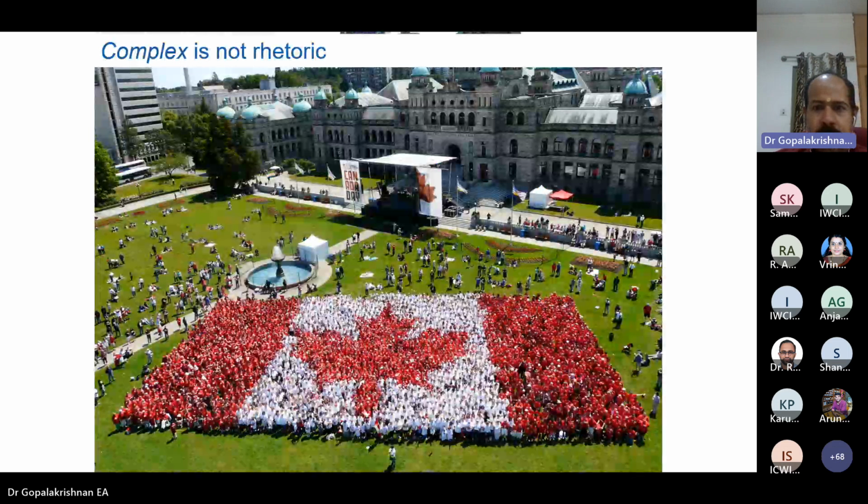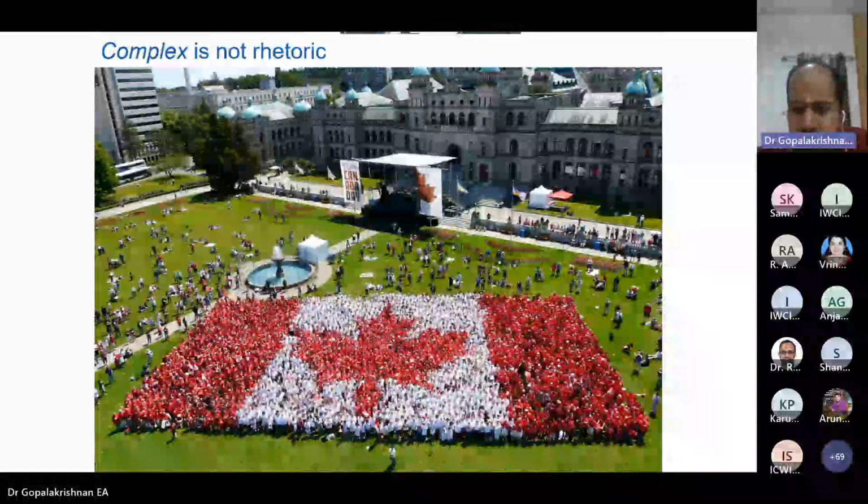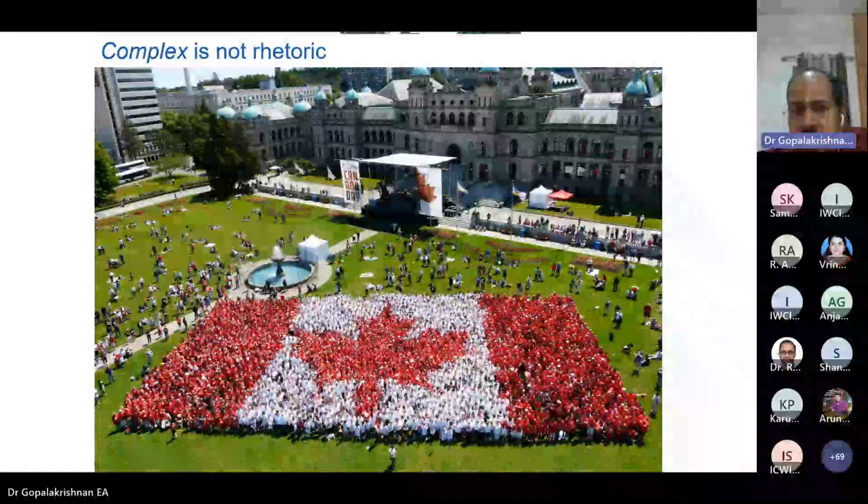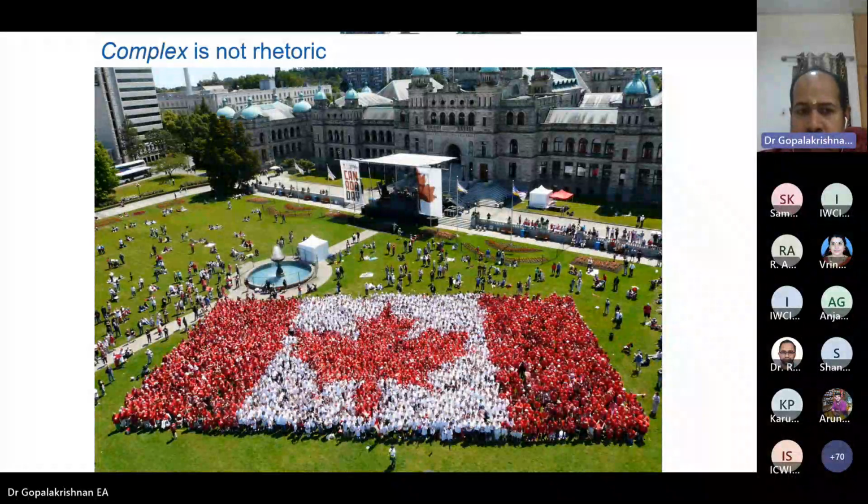What you could see here, some of you could understand, represents the flag of Canada. This is a pictorial representation of what a complex system is, because from a very aerial view it appears like the flag.